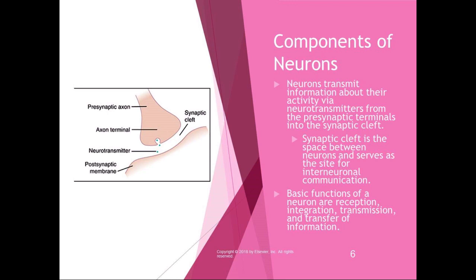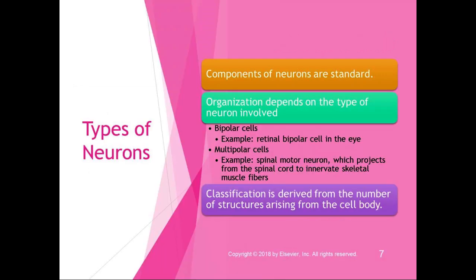But all in all, the basic neuron functions are reception or input, receiving input, integration, so processing that input, transmission along the axon and across the synapse, and transfer of information to another neuron, a muscle cell, or a gland. So that's what neurons live to do. That's the job they do for us.